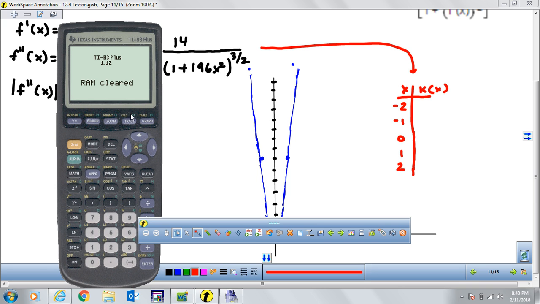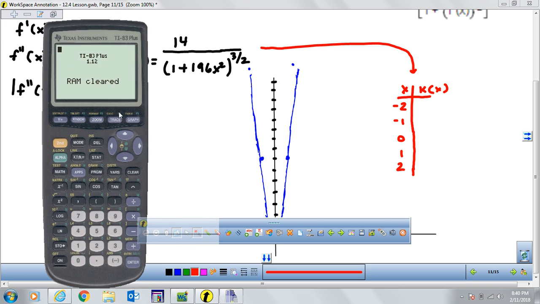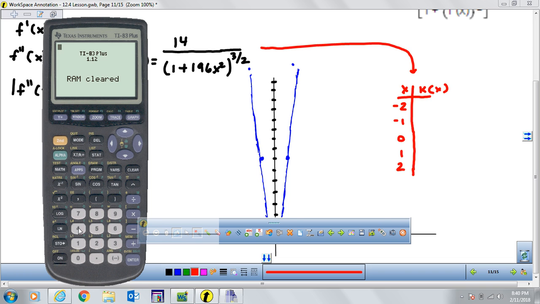So if I replace negative 2 into this curvature function, we're going to have 14 over parentheses 1 plus 196 times x, and the x is going to be negative 2 squared. So I'm just going to put it in parentheses instead.